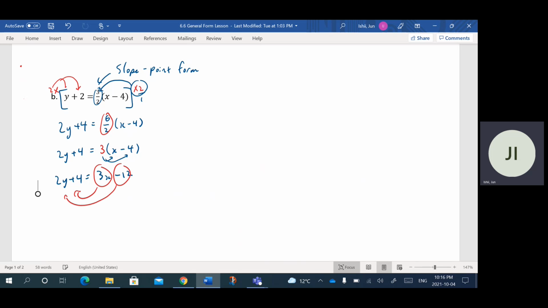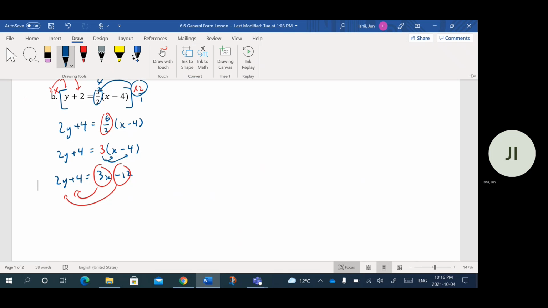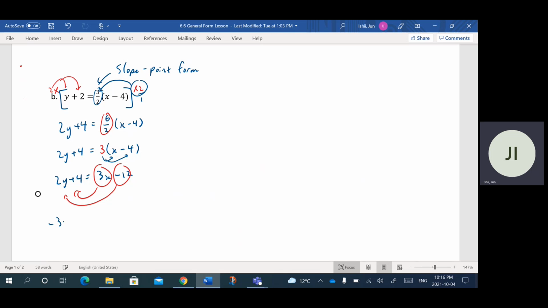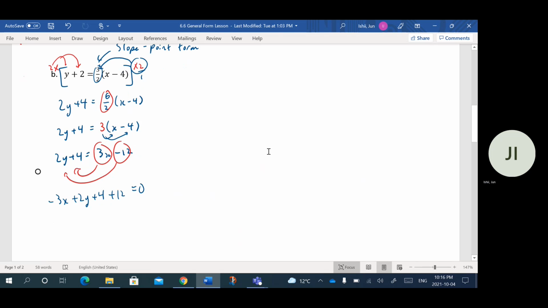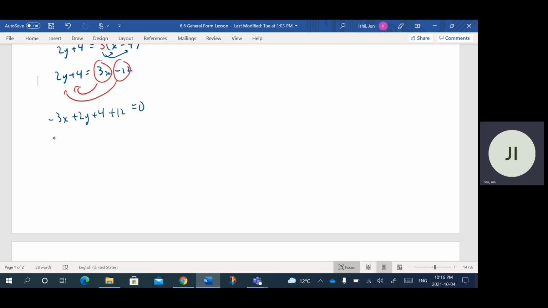That becomes negative 3x plus 2y equals the plus 4 and the plus 12. Negative 12 moved to the other side is plus 12, equals 0. If I collect my like terms, negative 3x plus 2y, I add the 4 with the 12, that's plus 16 equals 0.